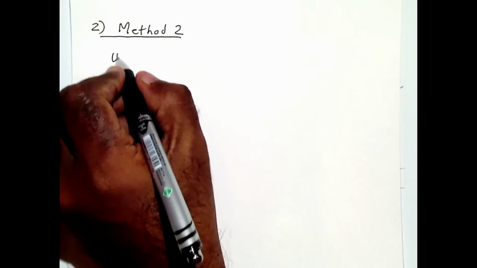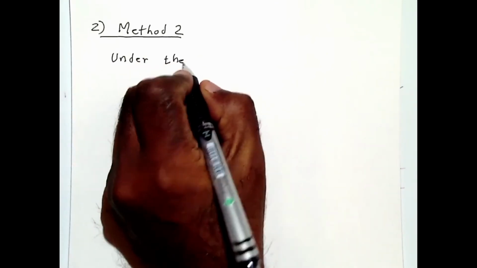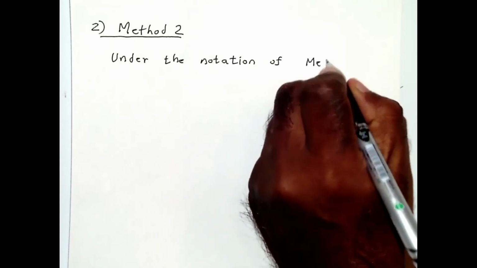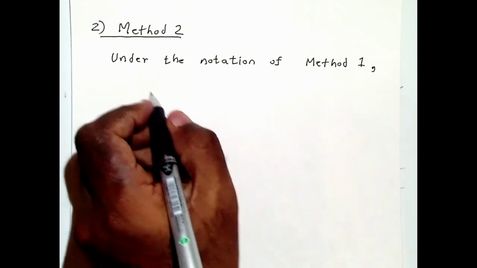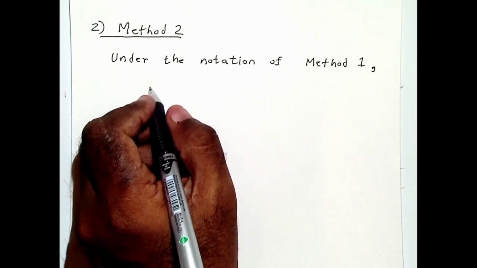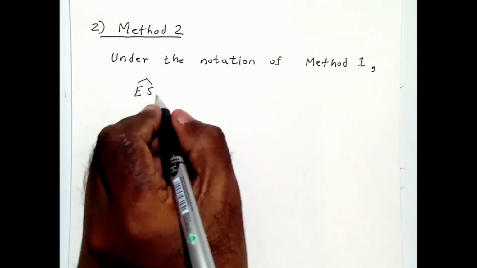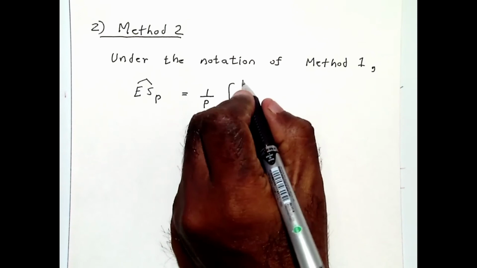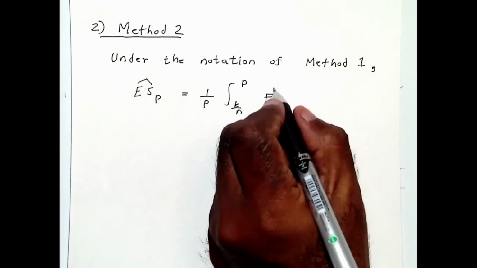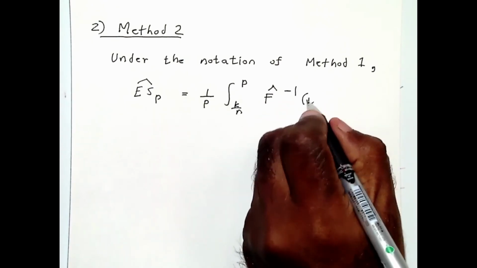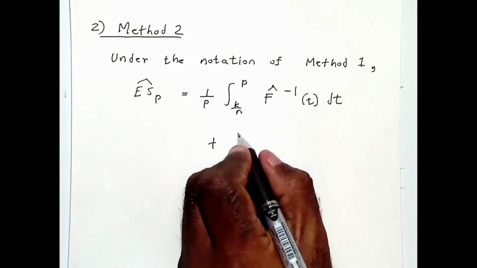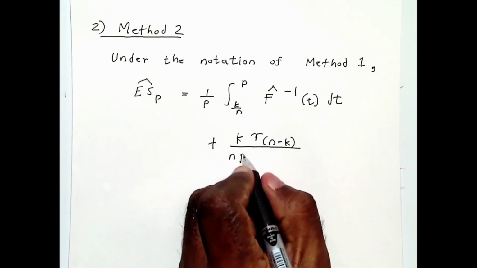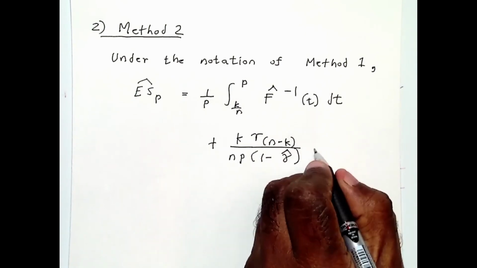Using the same notation, so under the notation of method 1, the estimator for expected shortfall is given by the following.